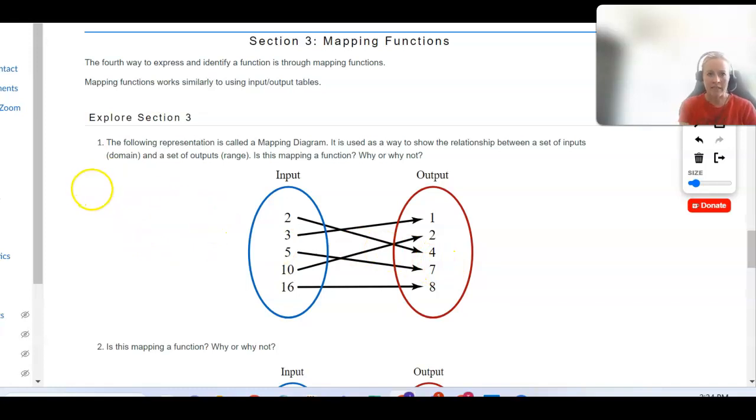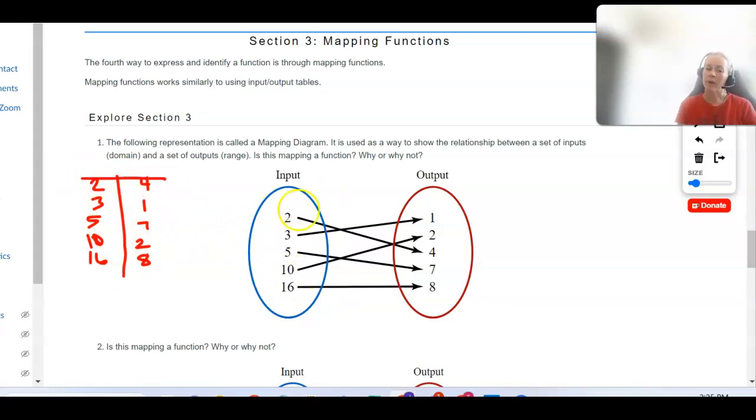So for example, if this was in a table, we'd have 2, 3, 5, 10, 16, and then we'd have 4, 1, 7, that is a 10, 2, and 8. So if this were in a table, this is what the table would read, okay?